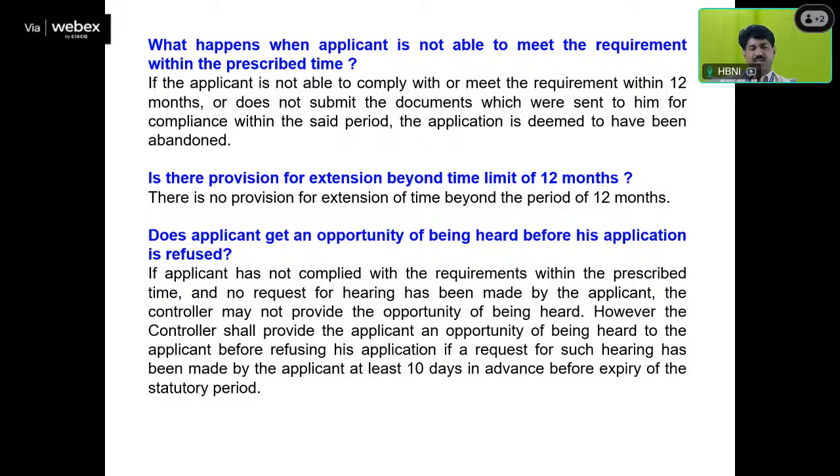However, the controller shall provide the applicant an opportunity of being heard before refusing the application if a request for such hearing has been made by the applicant 10 days in advance before expiry of the statutory period. So if 10 days in advance the applicant or the patentee applies for a hearing, then an opportunity is given to the patentee for hearing.